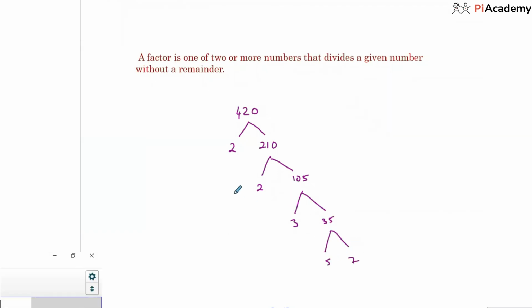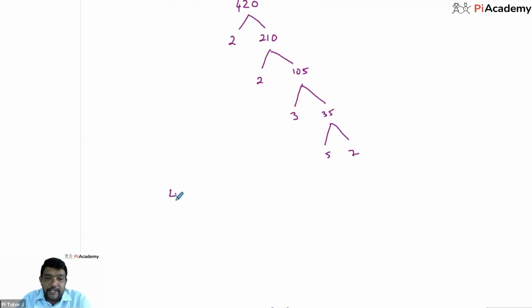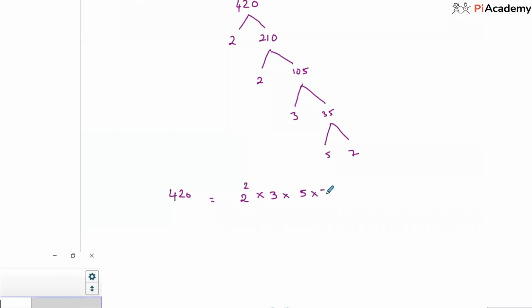So basically, 420 can be written as 2 times 2 times 3 times 5 times 7. Can you see that, all of you? Yes, wonderful.